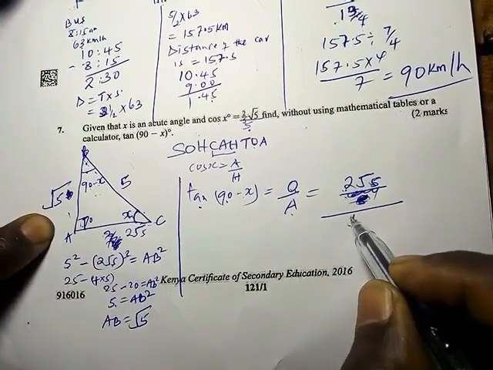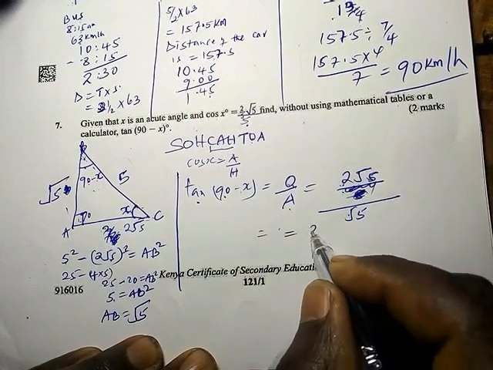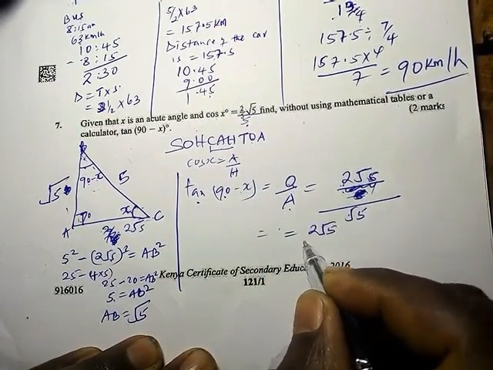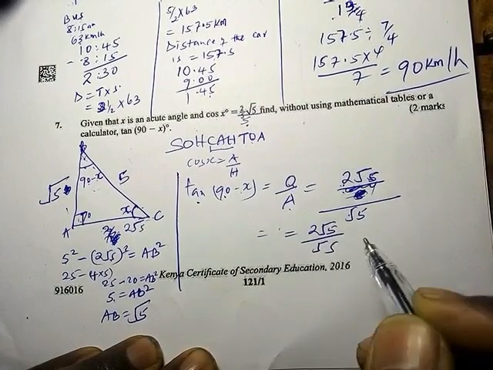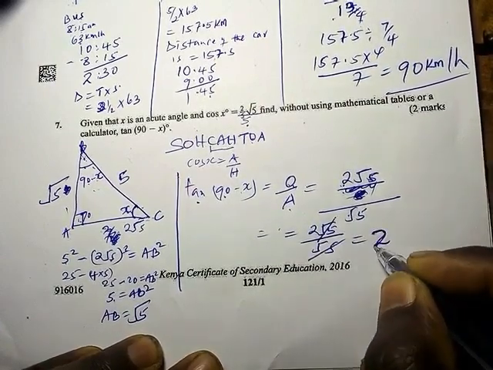Adjacent is root 5. So this is equal to 2 root 5 divided by root 5. Root 5 and root 5 will cancel out, and the answer is going to be 2.